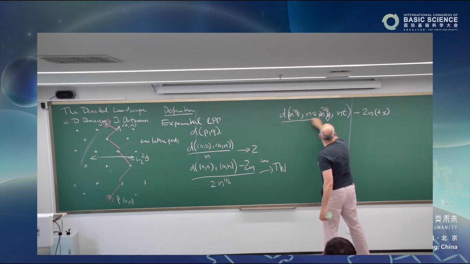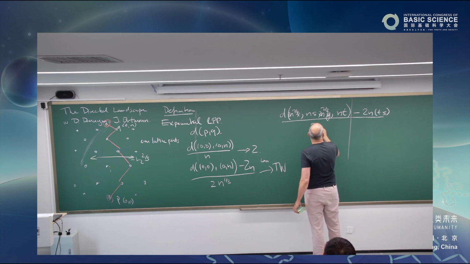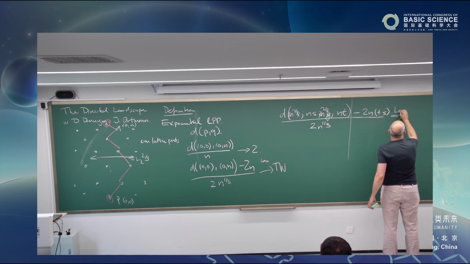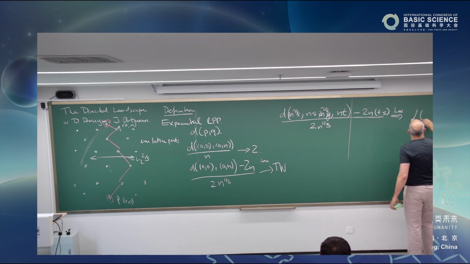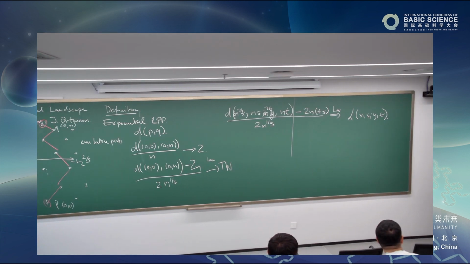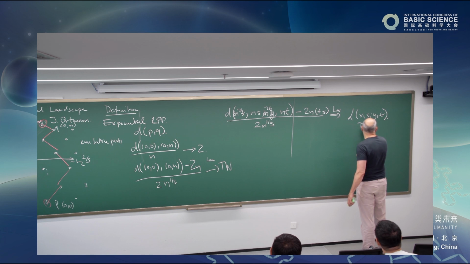Then again, you divide by 2 times n to the 1/3, and this converges in law to a random 4-parameter function, L of (x, s; y, t). This random 4-parameter function is called the directed landscape.